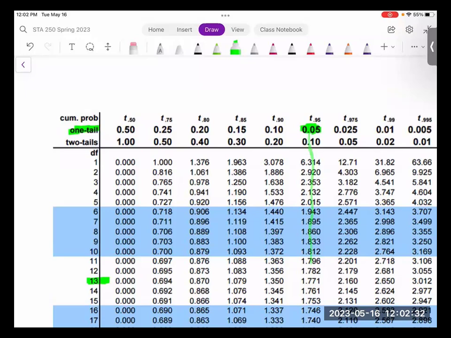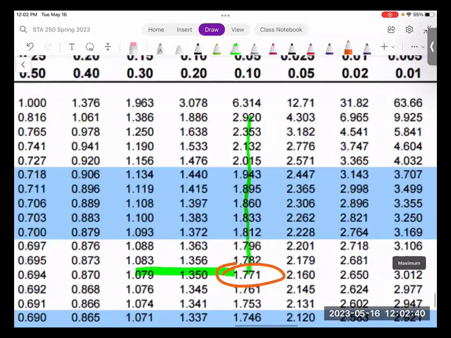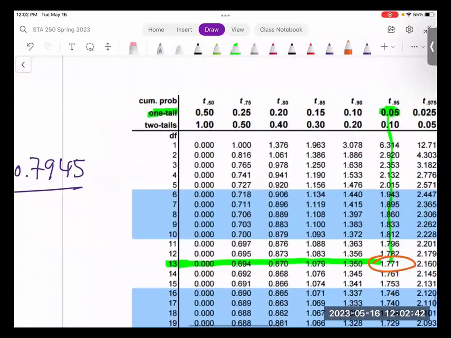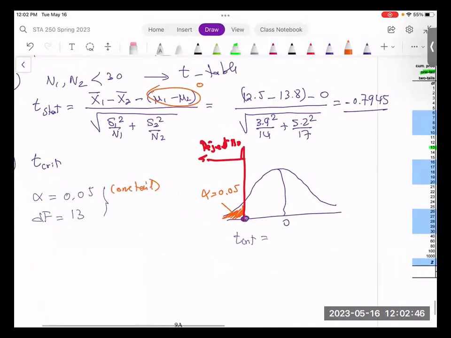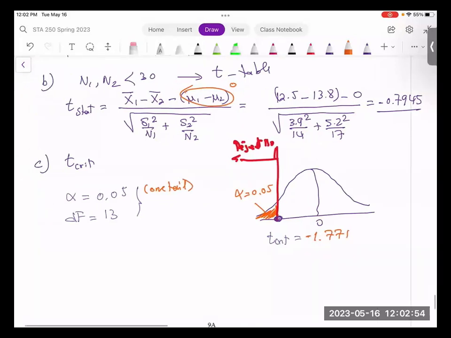And then you cross them. And the number is going to be 1.771. We good? And because you are on the left side, it's going to be negative 1.771.